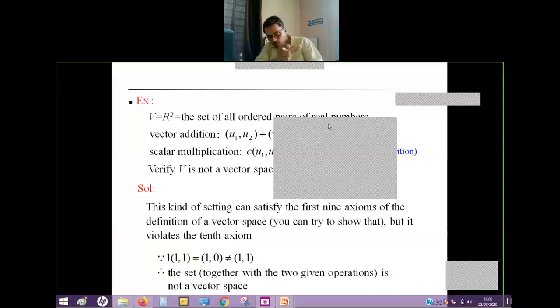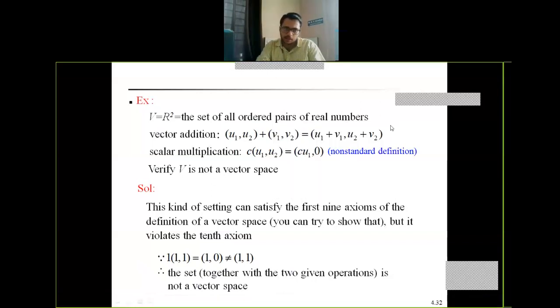And whatever they have told, that rule we have to follow, and by that rule only we are going to perform scalar multiplication, and then we will check whether that is getting satisfied or not. Okay, are you getting this? So the question is like this. Let V equal to R2, the set of all ordered pairs of real numbers.